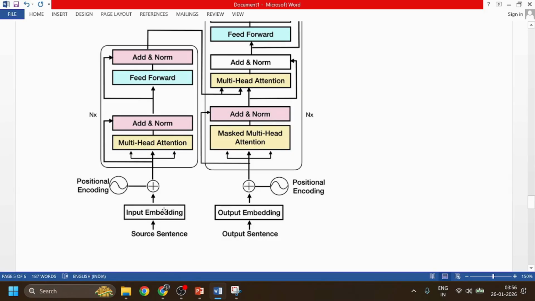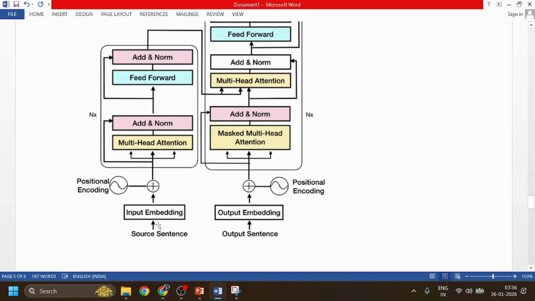So if you have a sentence, then you need to tokenize, and after tokenizing you need to do embedding. After embedding you need to add the positional encoding so that it will maintain the order of the words. Since the transformer processes all the tokens at once, it needs positional information.